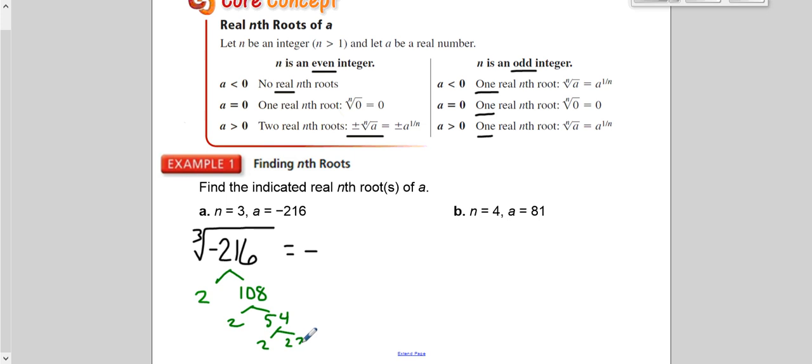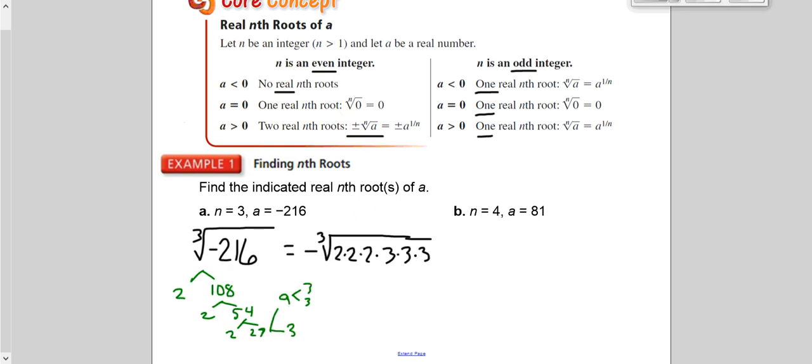Oh, 27. 27, I'm going to branch out this way, is 9 times 3. 9 is 3 times 3. So let's write out those factors in order. Remember to use only the ends of the branches. So we used a 2, there were 3 2s, and just the ends of the branches, there were 3 3s.